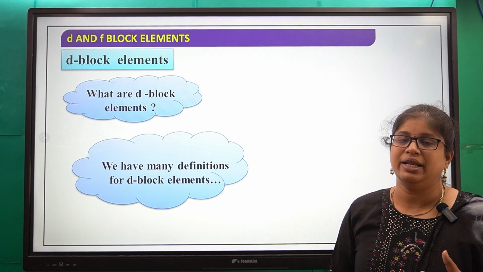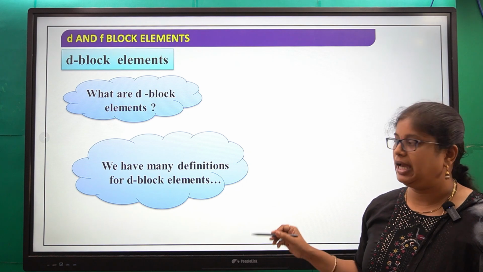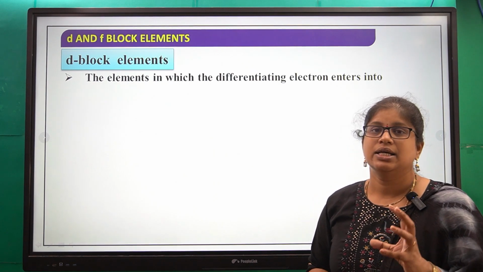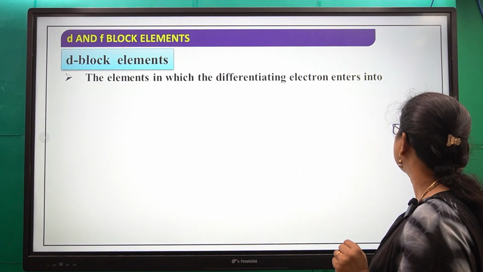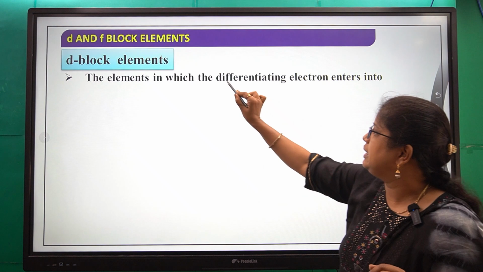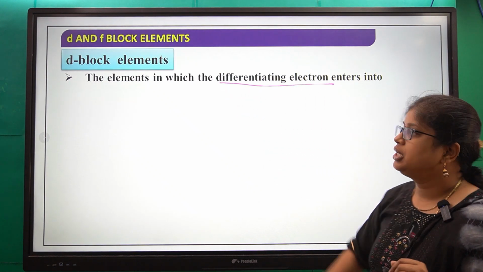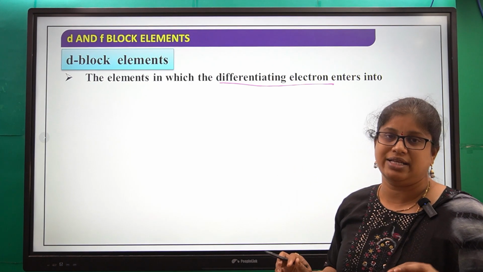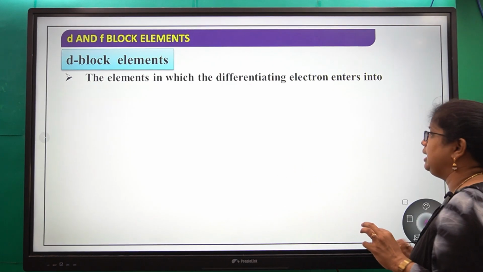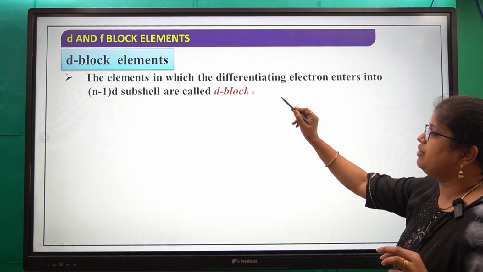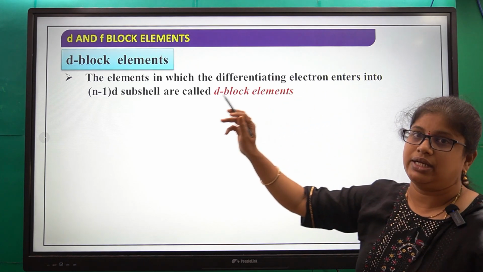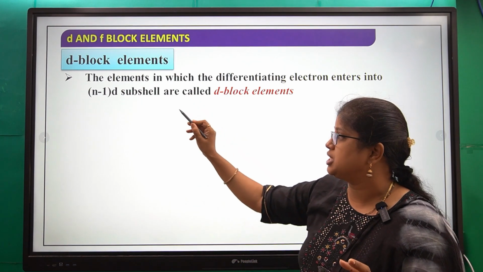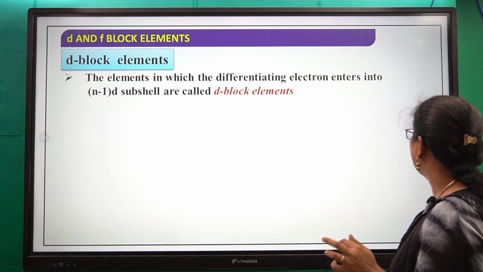We actually have many definitions for these D block elements. One of the definitions is: the elements in which the differentiating electron enters into the n-1 d shell are called D block elements. So the elements in which the differentiating electron enters into the n-1 d subshell are called D block elements.